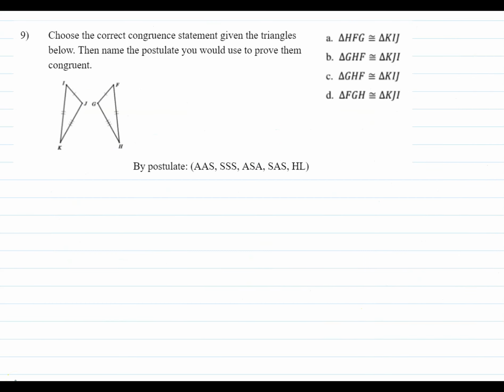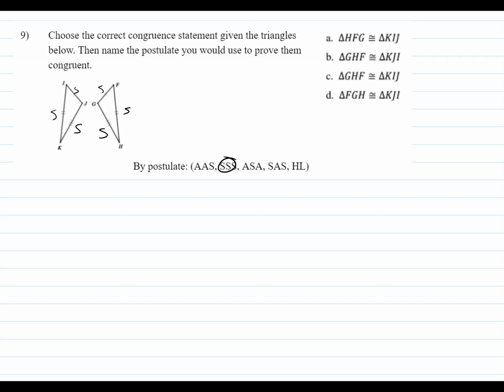Choose the correct congruent statement given the triangles below, number 9. Then name the postulate you would use to prove them congruent. Okay, so let's look at these two triangles. We have these two sides corresponding, these two sides corresponding, and those two sides. This is going to be SSS congruence.